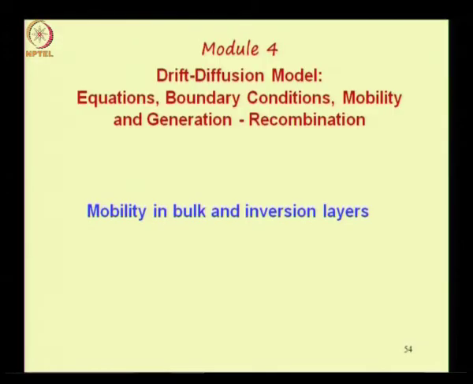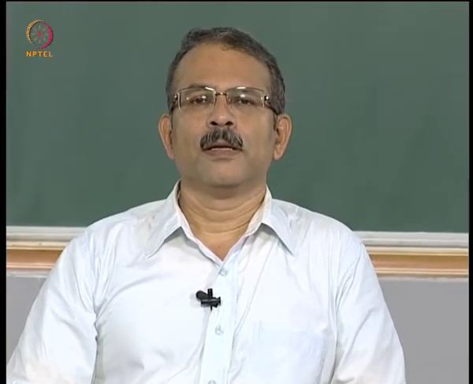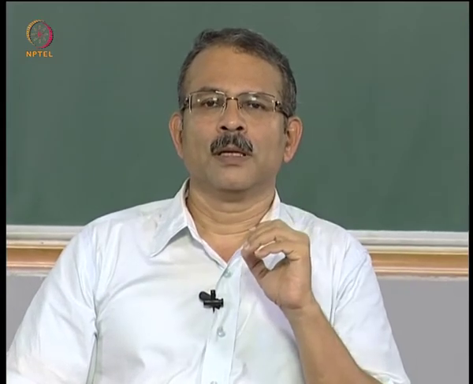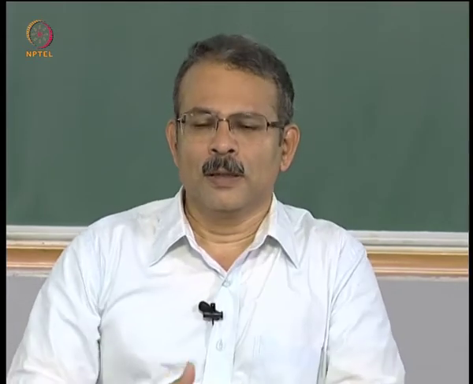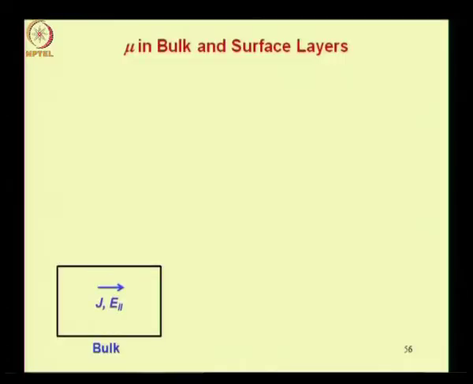So let us look at mobility in bulk and inversion layers. Whenever you look at a semiconductor, you must separate the semiconductor region into 2 parts, the surface and the bulk. The bulk is somewhere inside here, far away from the boundaries of the semiconductor.